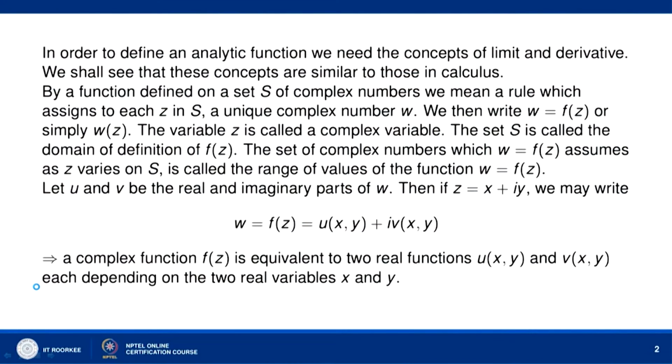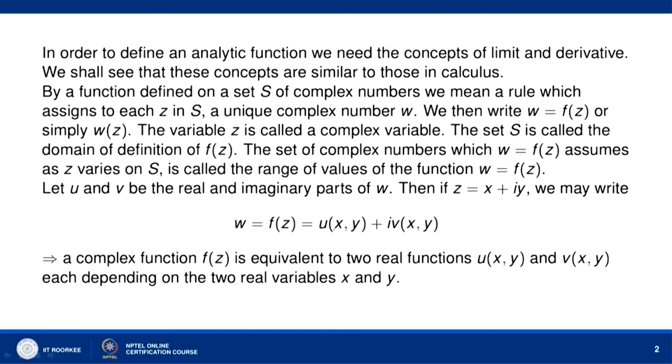Now, let us say that u and v be the real and imaginary parts of the complex number w. Then if you take z equal to x plus iy, we will have w equal to f(z) equal to u(x,y) plus i v(x,y), because z depends on x and y and w is a function of z.